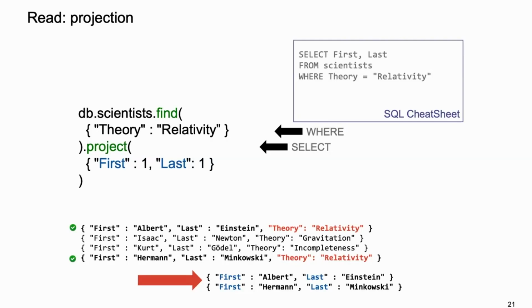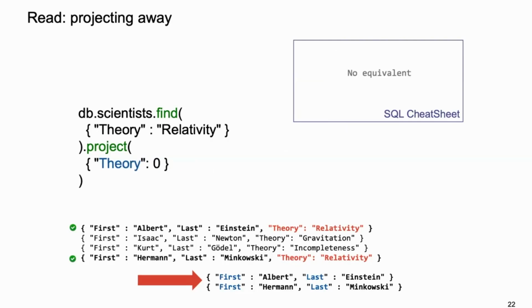All right. So projecting away. So this is what I told you with the zero. So it removes everything. And why does it make sense in MongoDB and not in PostgreSQL? Because in PostgreSQL, you know all of your columns.